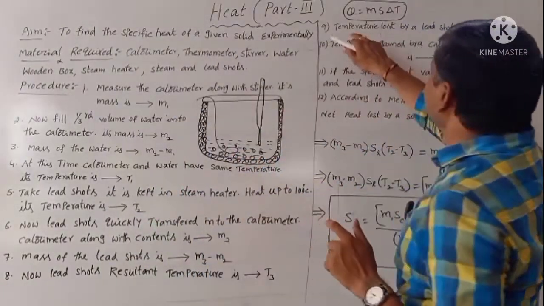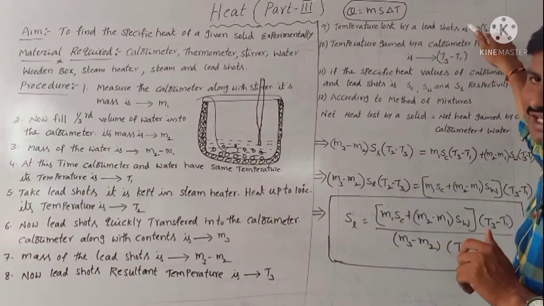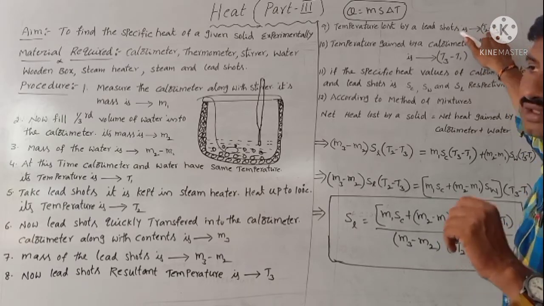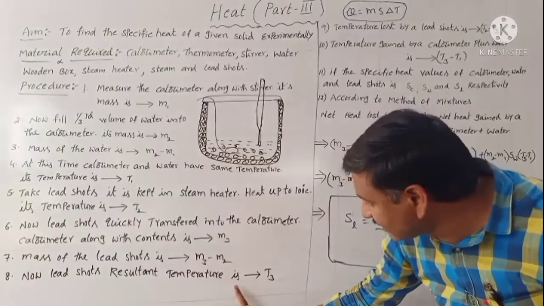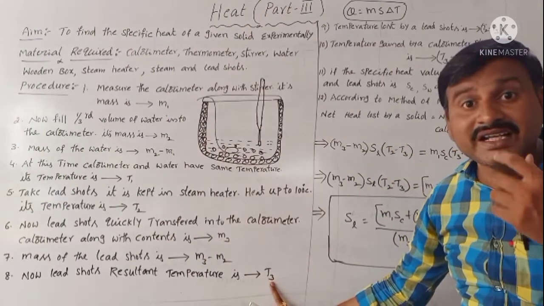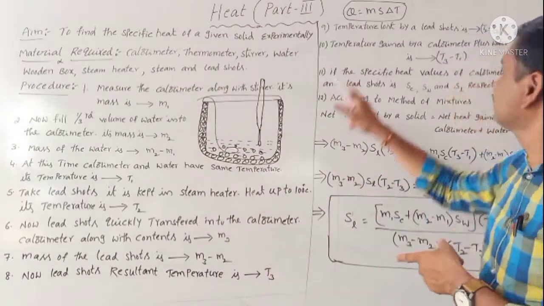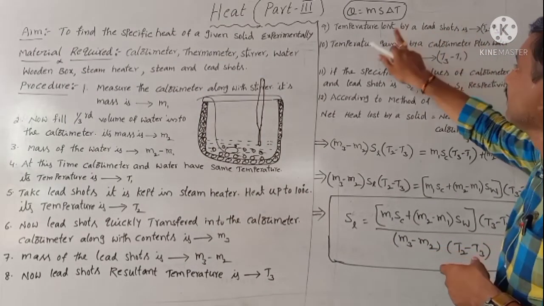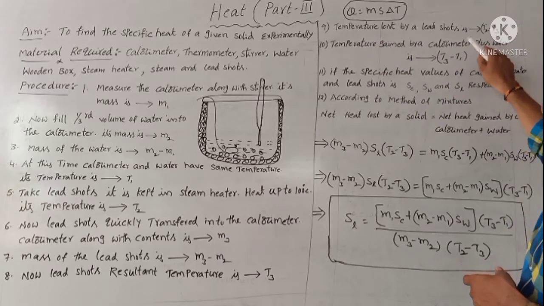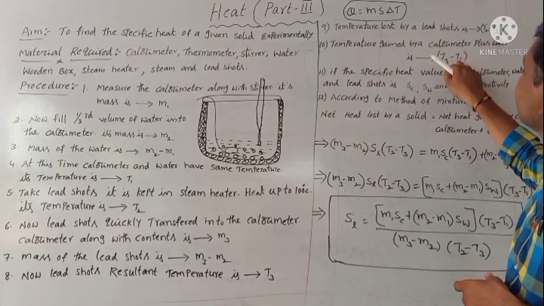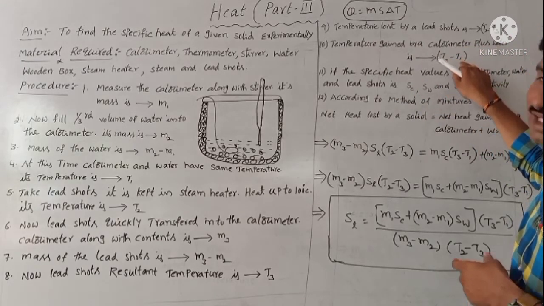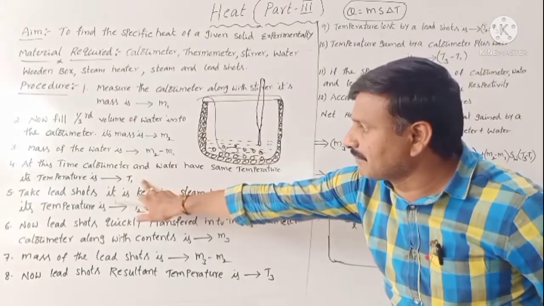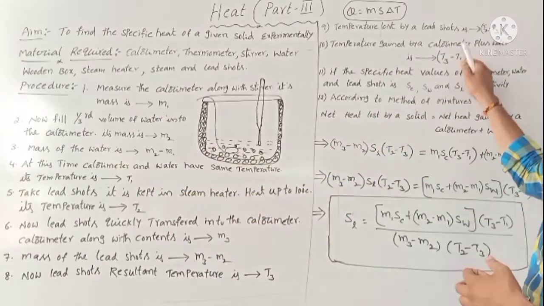After that, how much heat is lost by the lead shots? The first temperature is T2 and the resultant temperature is T3. T2 is greater than T3, so T2 minus T3 is the temperature lost by the lead shots. But the temperature gained by the calorimeter plus water is T3 minus T1, because T3, the resultant temperature, is greater than the initial temperature T1.